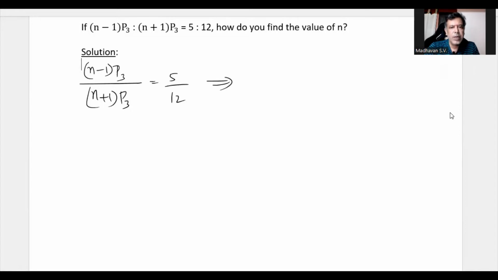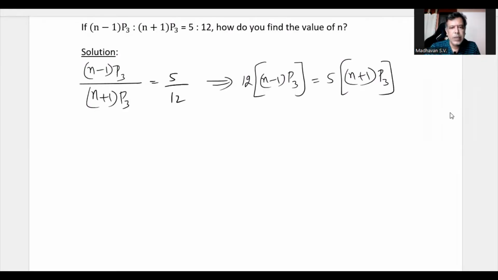Or by cross multiplication, we can write it as 12 times (n-1)P3 is equal to 5 times (n+1)P3. Now, using that nPr formula, we will expand this.